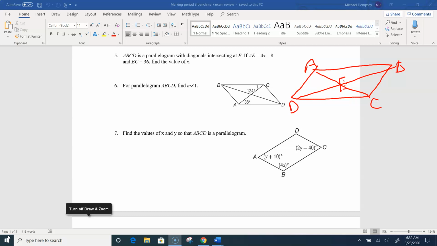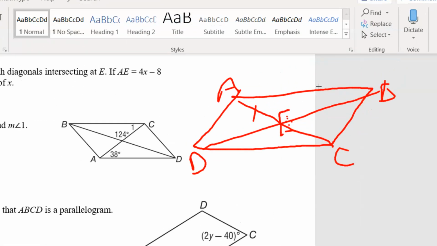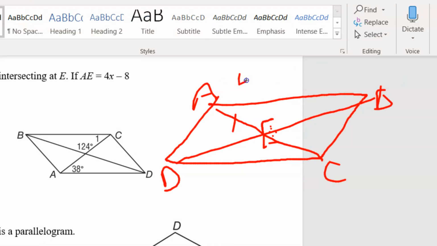So the diagonals are AC and DB, and they tell me that they intersect at E. So I wrote the letter E in the middle here. So if AE is 4x minus 8, that's part of the diagonal here, right? That's this piece here, 4x minus 8. And then the other part, EC, is 36. Well, the diagonals in any parallelogram bisect each other.